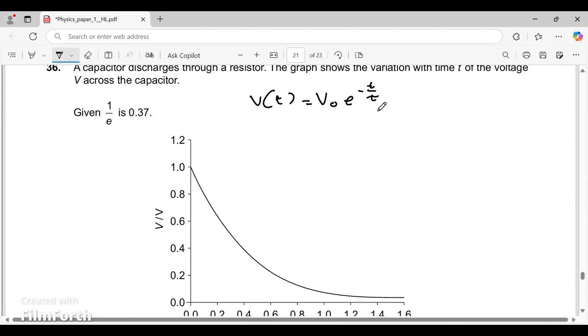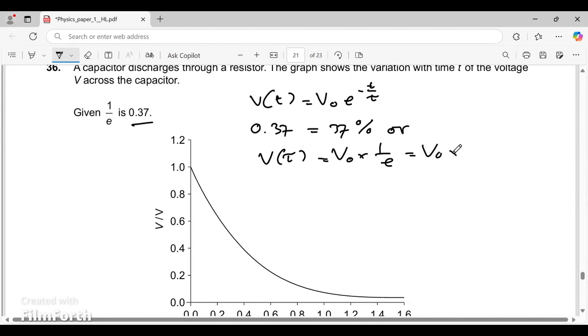Okay. Tau is the time constant. e is the Euler number, 2.718. At t equal tau, the voltage is, according to this information, 0.37. It is 37%, or phi tau equals phi 0 times 1 over e, or phi 0 times 0.37.